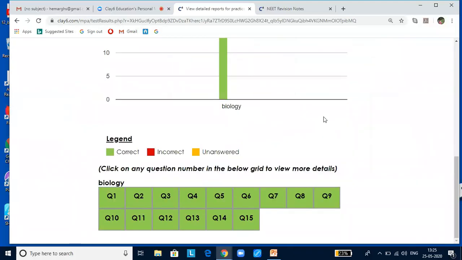We have answered everything correctly. If there was any incorrect question, then it would have shown in red. When I click there, I will see my answer and the correct answer will be displayed, and there will be an explanation. If there is a yellow mark, that means you have not answered. Since there is negative marking, if you are not sure of the answer, you better leave it. Otherwise, 1 mark will be subtracted from your total score.